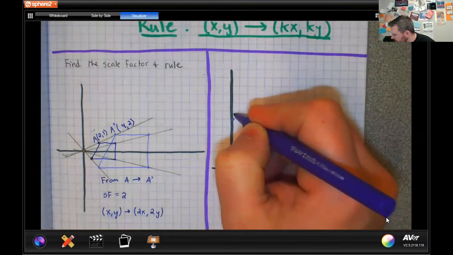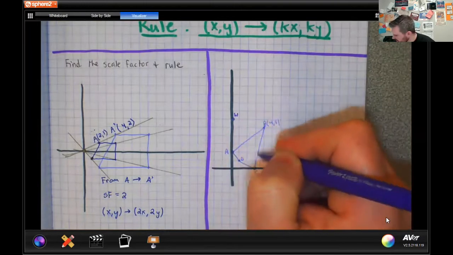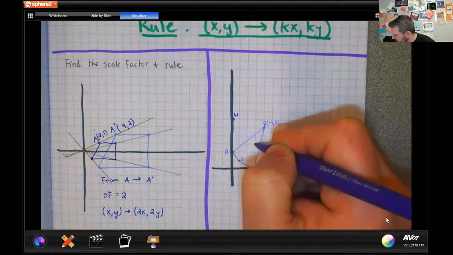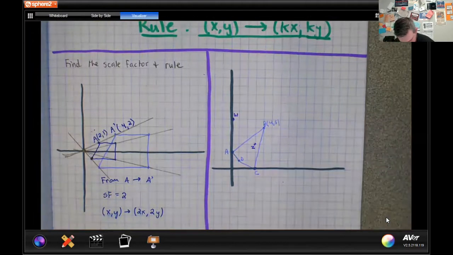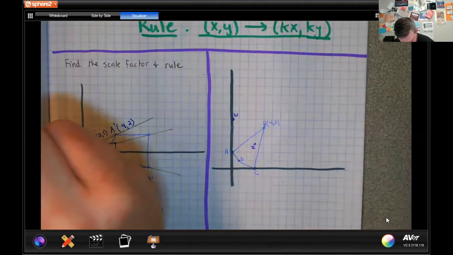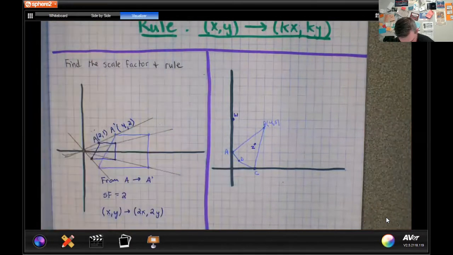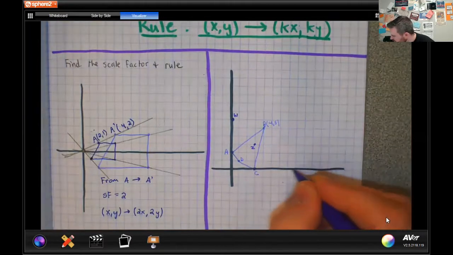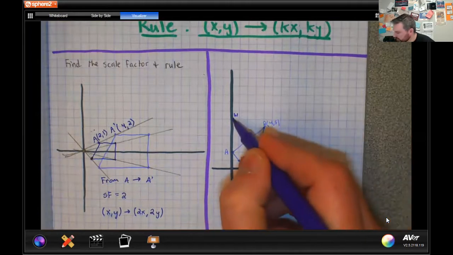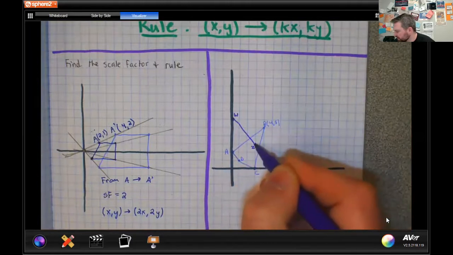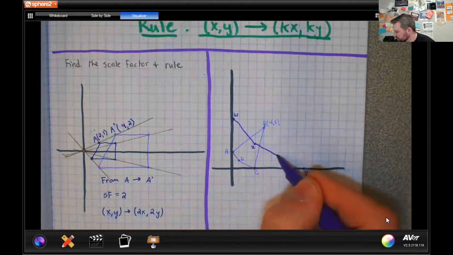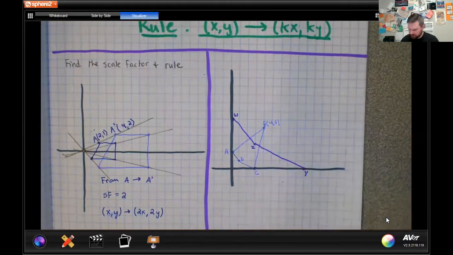This is W, Z, and Y. W is at 0, 6, Z is at 3, 3, and Y is at 9, 0. Okay, so there's the picture that they give you.